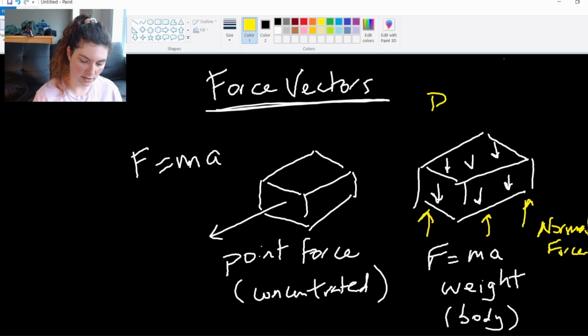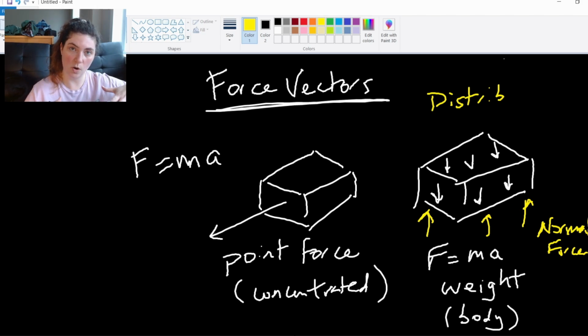Normal force is a distributed force. It's distributed all across the bottom of the box. It's not just concentrated to one point. It's everywhere the box is touching the floor, there is the normal force. Distributed force.